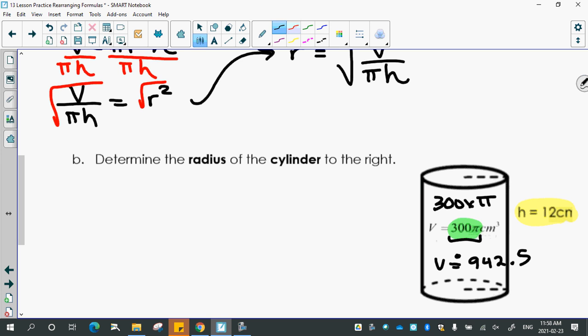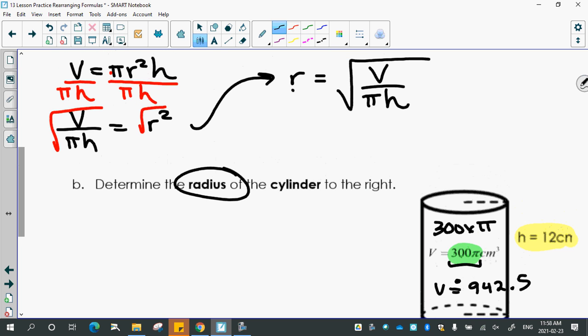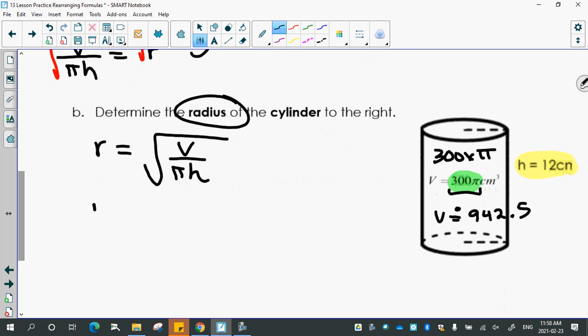All right, so we want to find the radius, and we just made a formula for radius in terms of volume and height. So we can use that formula. So let's write our new formula out. And we can replace volume with 300 pi, because it says the volume is 300 pi.